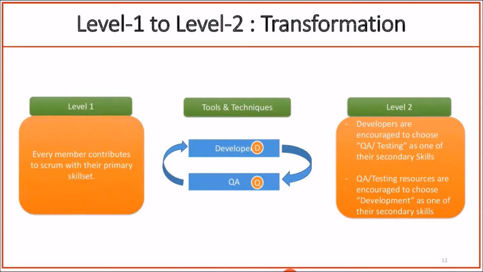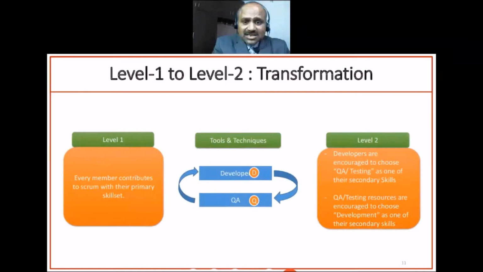That means if you are a developer, we encourage those developers to learn the QA brain or QA skill set also. Okay, you may face some resistance in this process. Certain people, definitely developers, if we ask them to learn QA, you may come across a lot of resistance saying, why should I learn QA? Developer is the most important skill. So that kind of resistance will come.